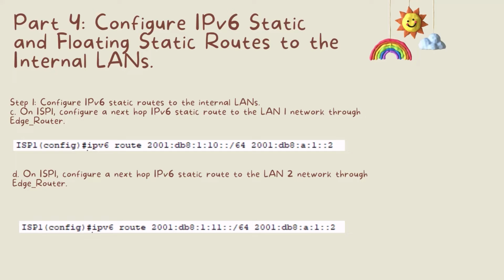On ISP1, configure a next hop IPv6 static router to the LAN 1 network through the edge router and insert the command IPv6 route 2001:db8:10:10::/64 and 2001:db8:a:1::2.